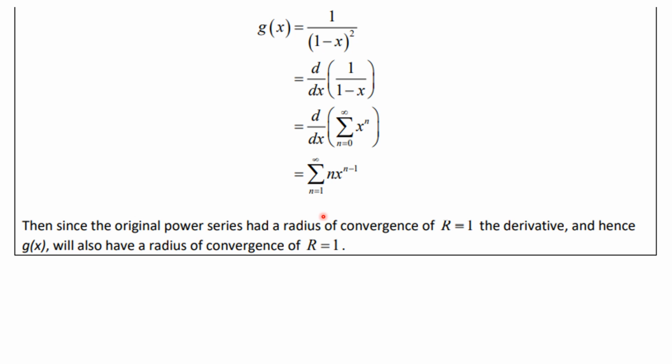This is going to be the summation n equal 1 to infinity of n times x to the n minus 1. And since the original power series had a radius of convergence of R equal 1, the derivative will have a radius of convergence of R equal 1 by the theorem that we quoted. And so that is another formula for you to remember about a power series expansion.